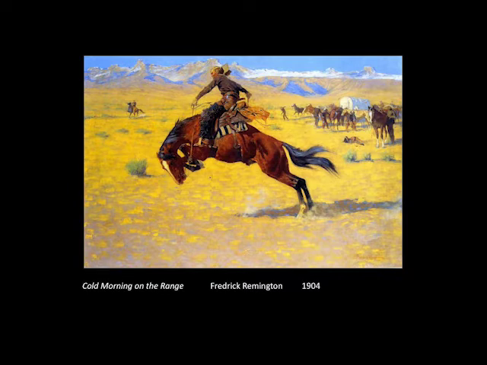Then you have people like Frederic Remington, the famous American Western artist, trying to show the action and excitement of life out on the range when there were still large cattle drives and there were actual real cowboys, not these guys you see at the stores who wish they were wearing spurs.